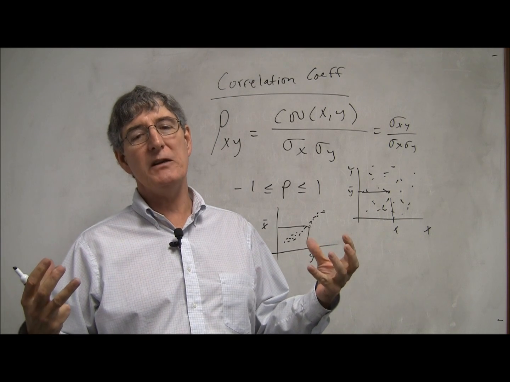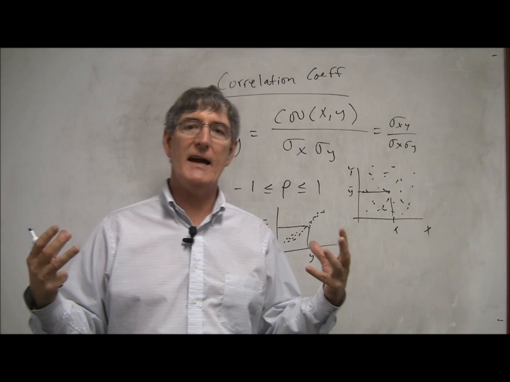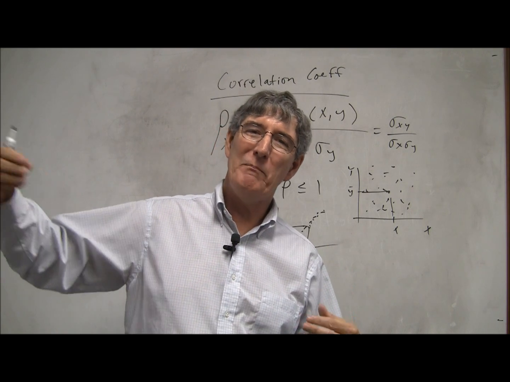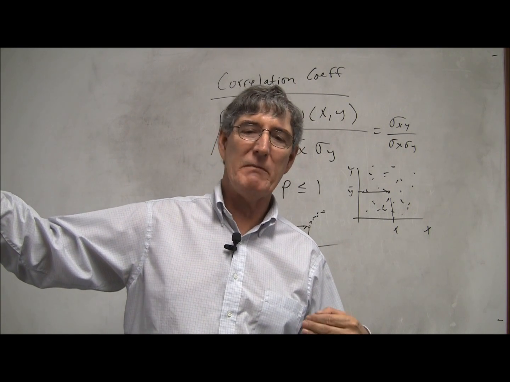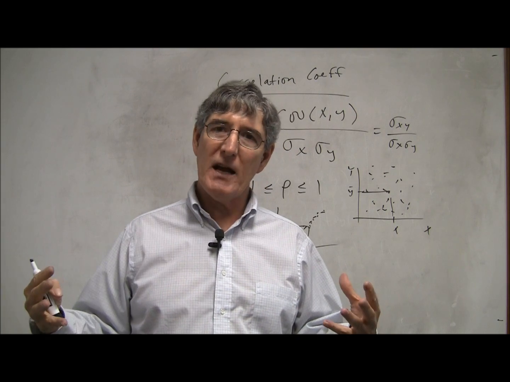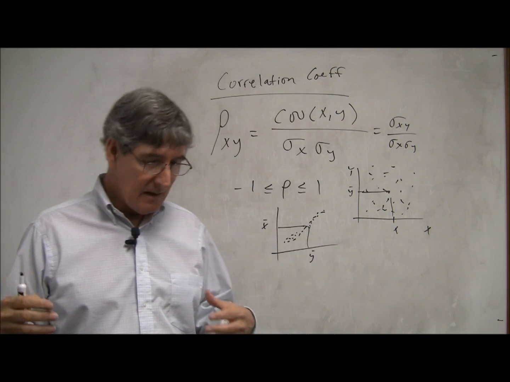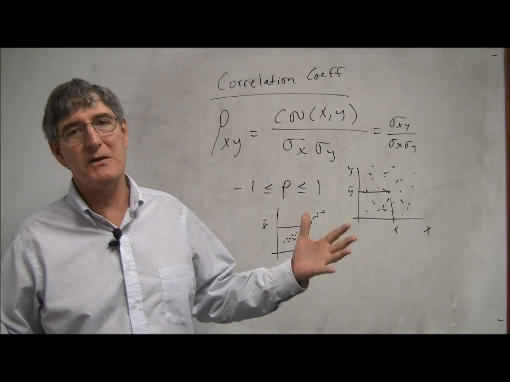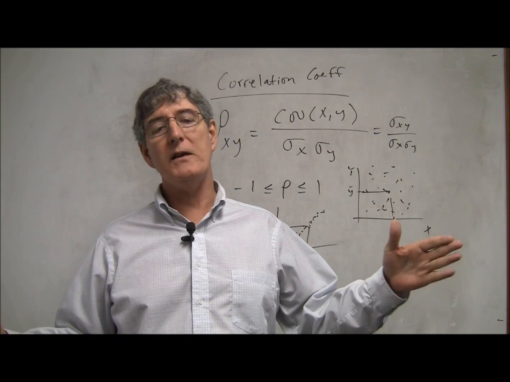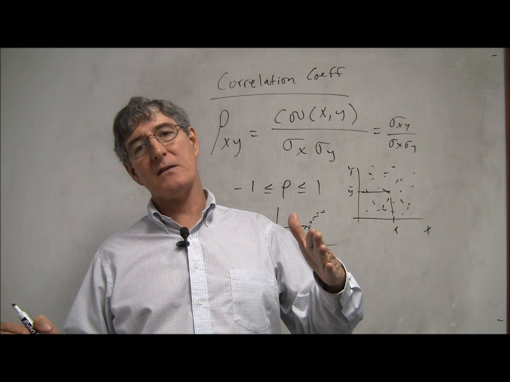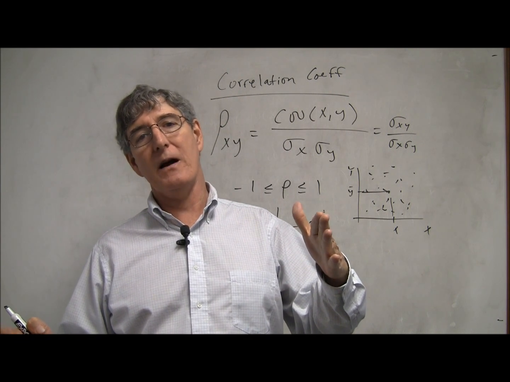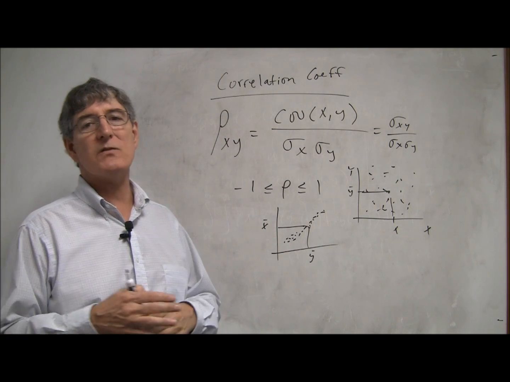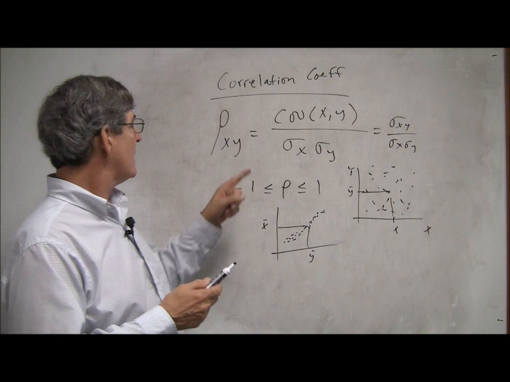You can tell whether things are positively or negatively correlated with the covariance, but its magnitude, how big it is, is not very informative, because I can make it as big as I want just by changing the units I'm measuring in. I could go to 1/10 of an inch, or measure in yards or miles. Depending on what unit of measurement I choose for x or y, the covariance would change to whatever number I wanted. So it's not telling me very much about the strength of the correlation.